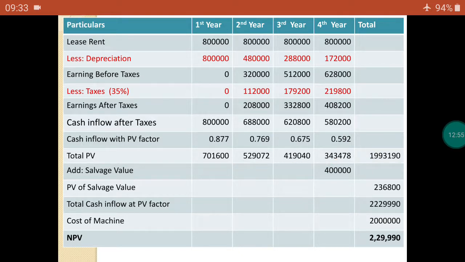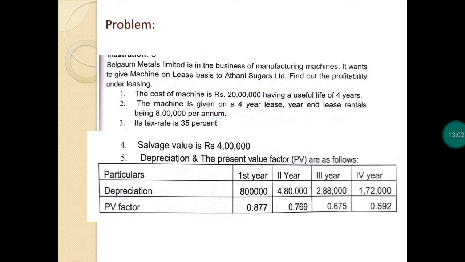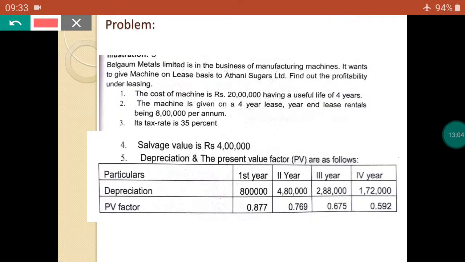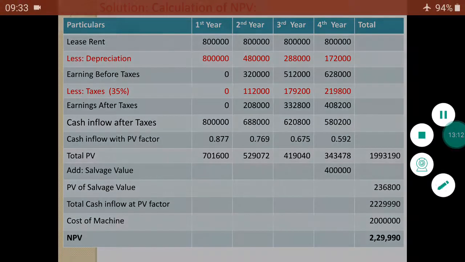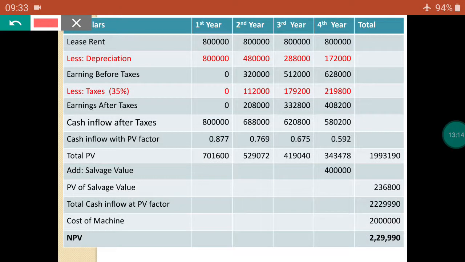After that, add salvage value. Here they are given salvage value of 4 lakh rupees. We are adding here.